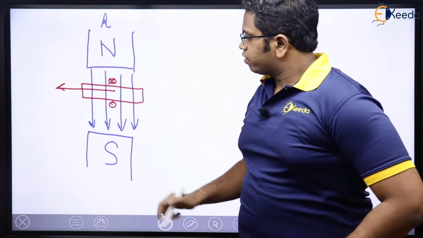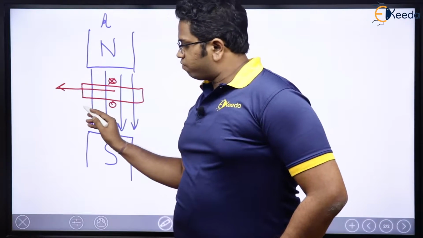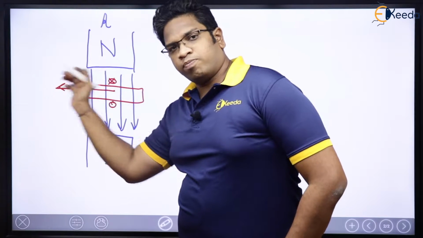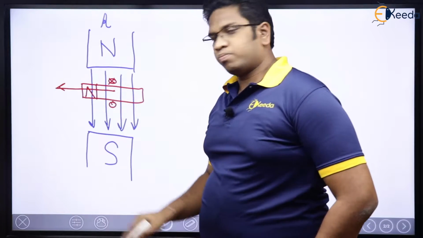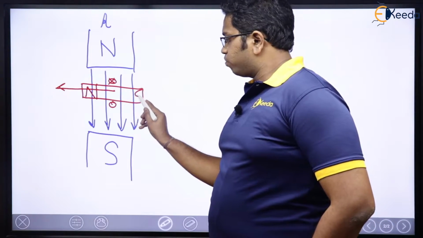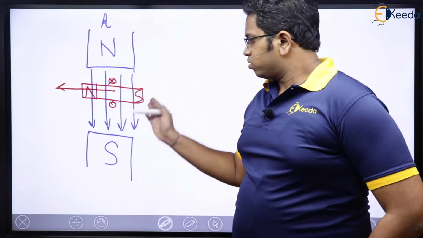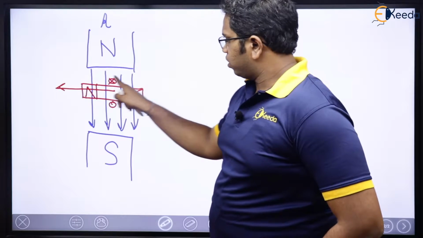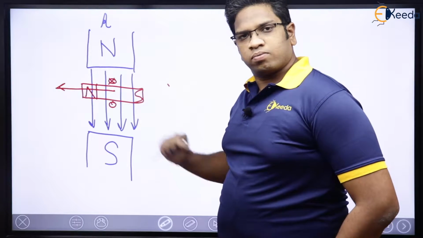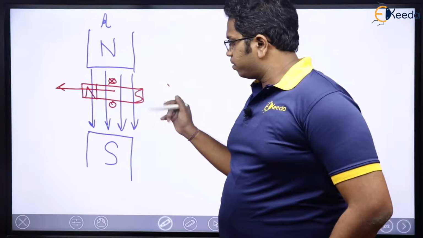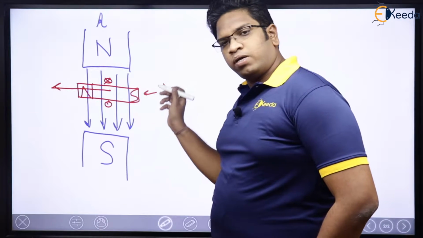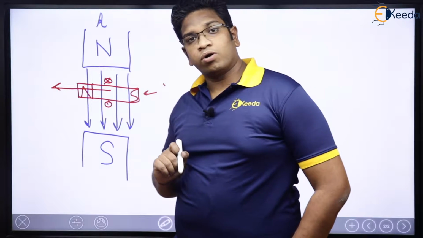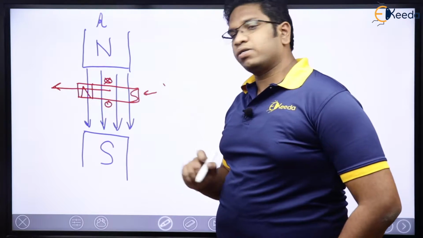From this portion of the rotor, the flux is outwards, which means this is going to become a north pole, and this is going to become a south pole. South pole only, because this flux will go here and come back from this one, so here it is incoming to the rotor piece, which is the reason it is a south pole.